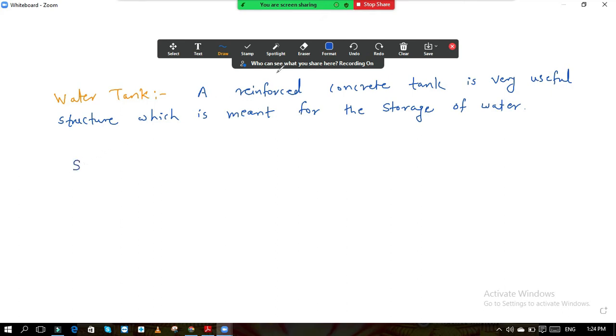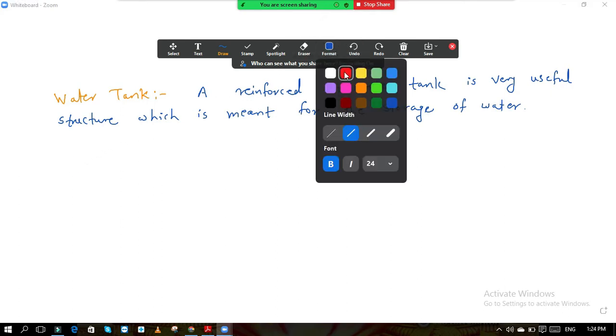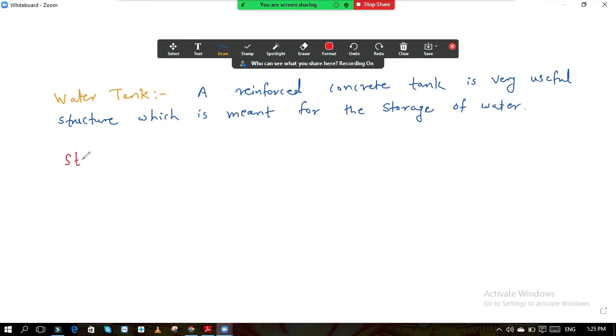Next is the stresses in the reinforcement. Okay, so make the columns. First, write here reinforcement. Reinforcement means the grade of the steel.